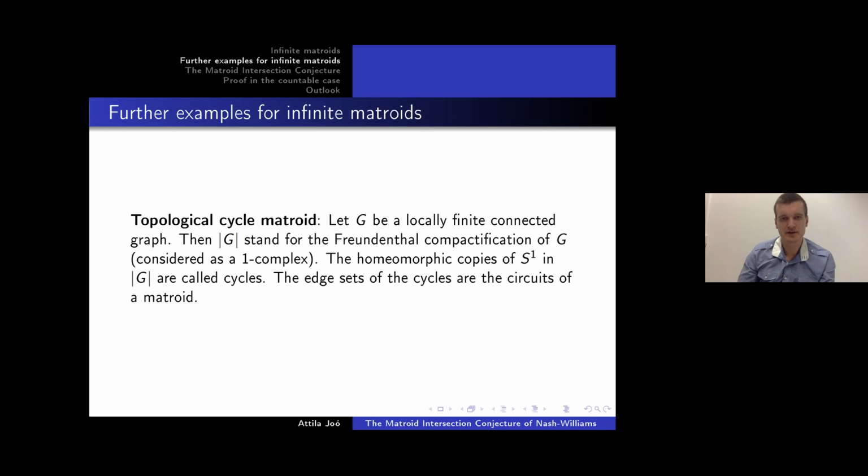And in this case, the edge sets of these topological cycles are the circuits of a matroid. So one can prove this. And actually the dual of this matroid is the so-called finite bond matroid, in which the circuits are simply the finite bonds in the graph.